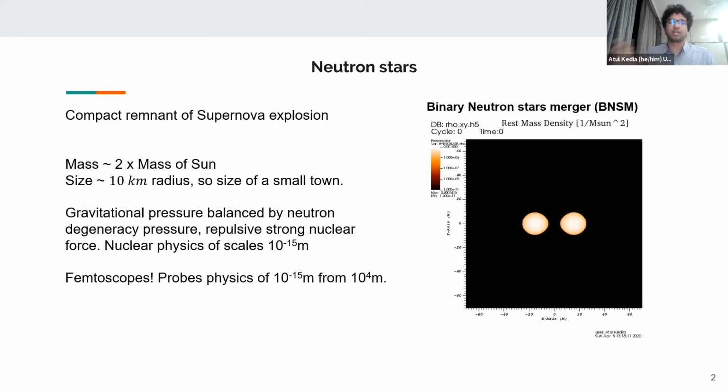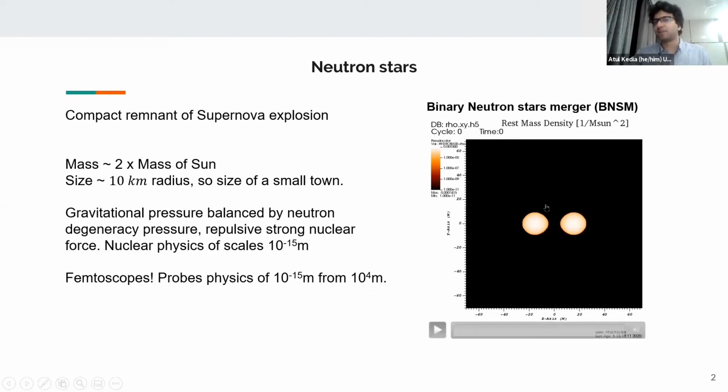We'll get into that later, but it decides what the radius of that neutron star is going to be, like Giuseppe also mentioned in the previous talk. Neutron stars really are femtoscopes. They probe the physics of femtoscales in sizes of tens of kilometers, or 10^4 meters. Really fascinating objects.